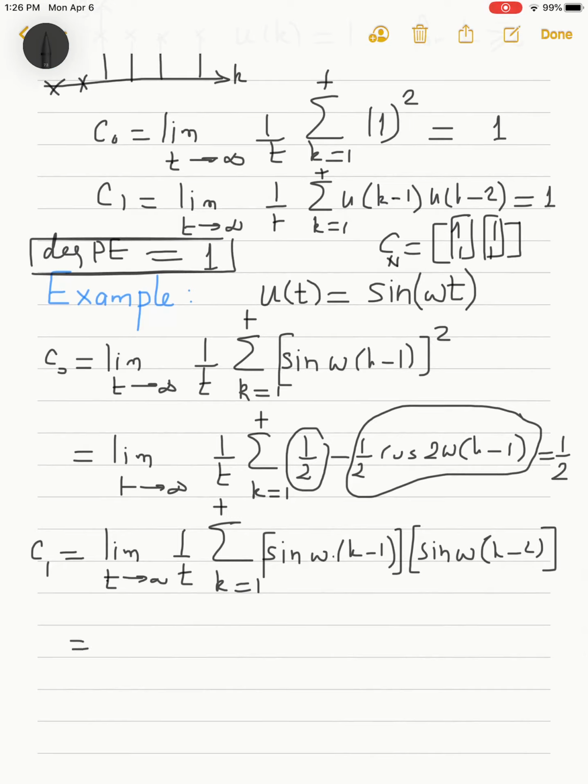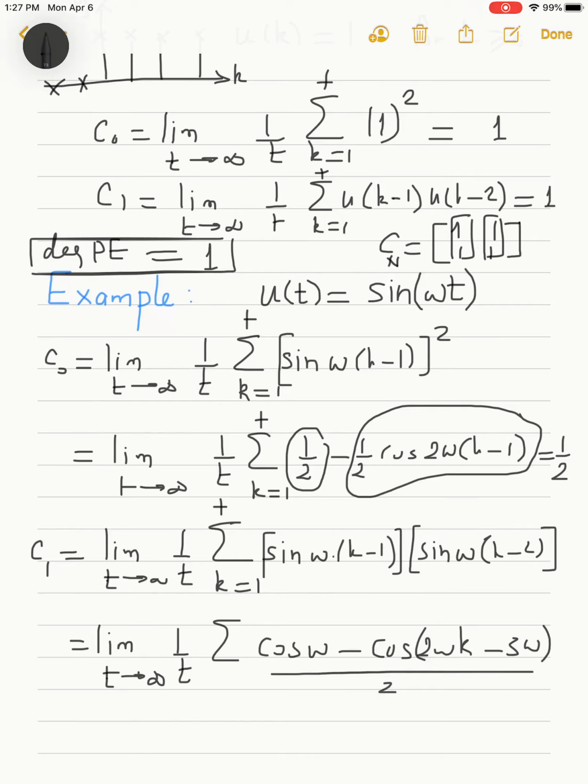So that will give me the limit as t goes to infinity of 1 over t, the summation of cosine omega minus cosine of 2 omega k minus 3 omega, and that is divided by 2, with the summation from k equal 1 up to t.